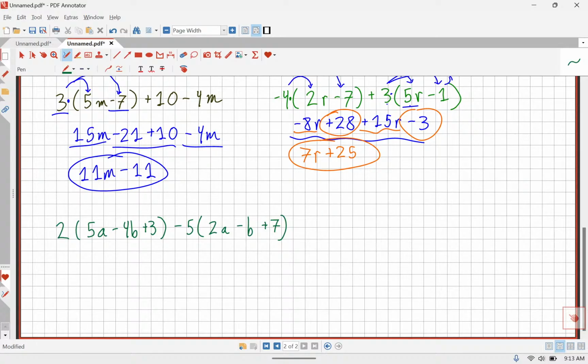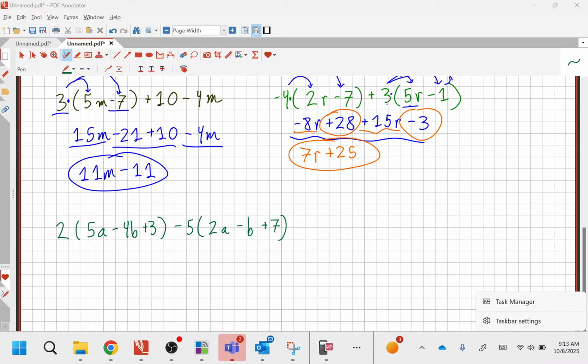Whew! Go ahead, guys. Can you distribute into those parentheses, see what you get, and then start combining like terms? Give it a shot and teach.